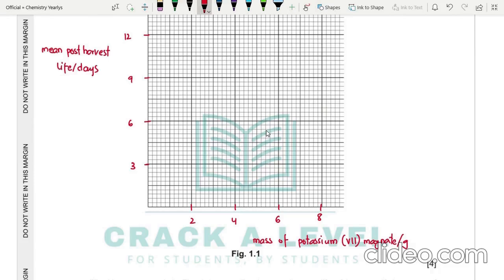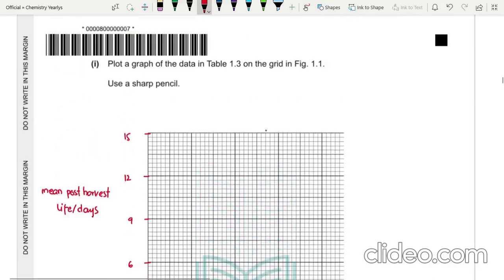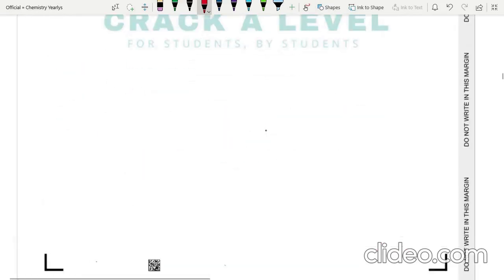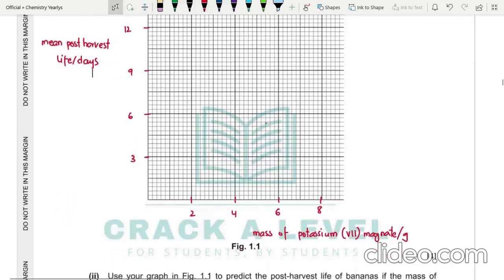Now let's plot the values. The first reading is 0 and 9.30, so 0 will be here. Now one big box on the y-axis is equal to 3. So what will the smallest box equal to? It will be 3 divided by 10, which is 0.3.